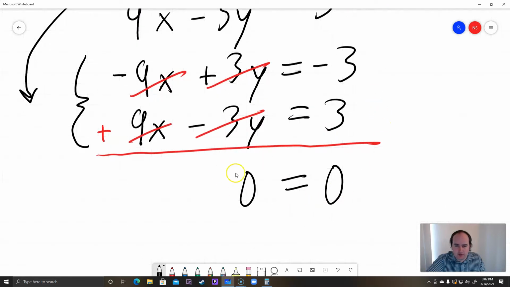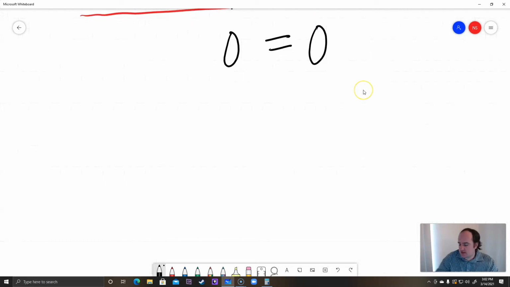Whereas for this one, if you get a number equals itself, something like 0 equals 0, or 2 equals 2, 1 equals 1, that kind of thing, this is always true. So this is actually the reverse of the last problem. Even though it looks kind of similar, this is always true.